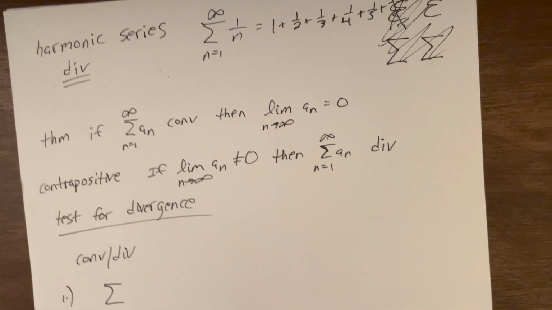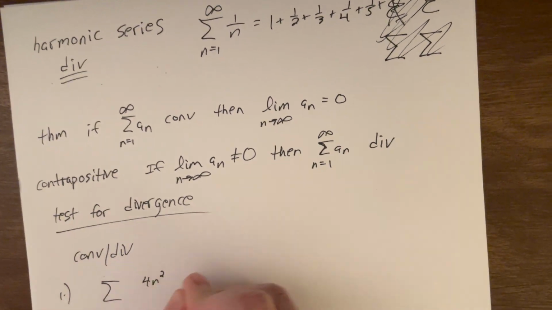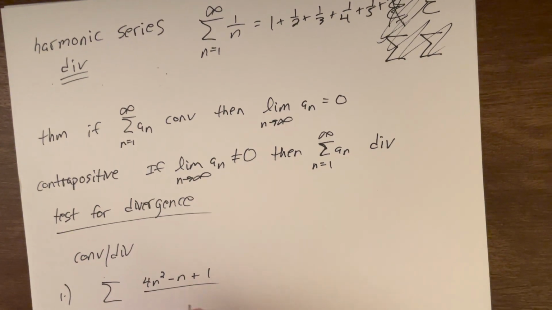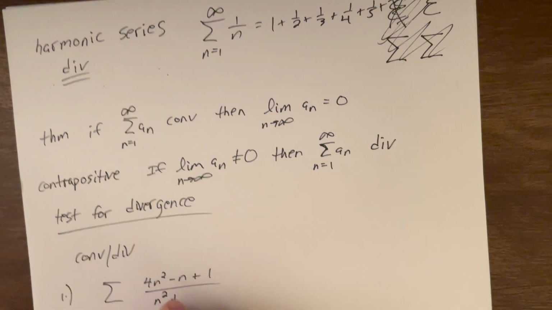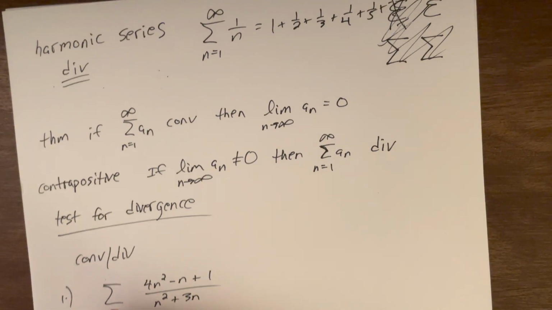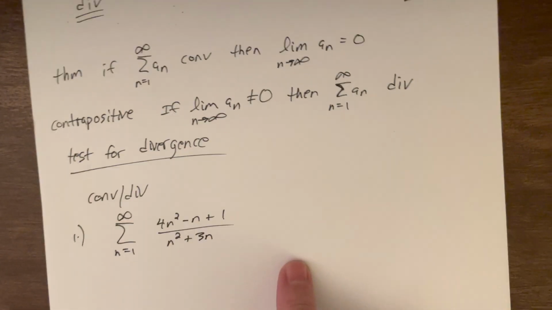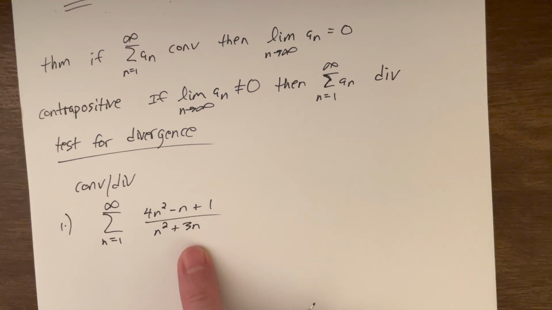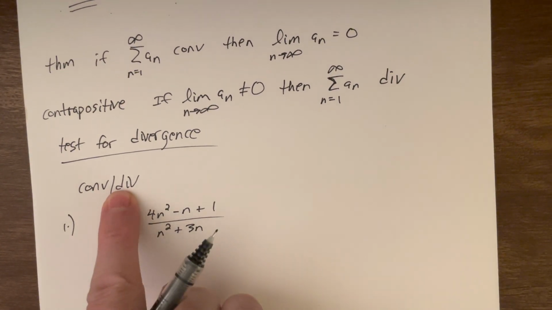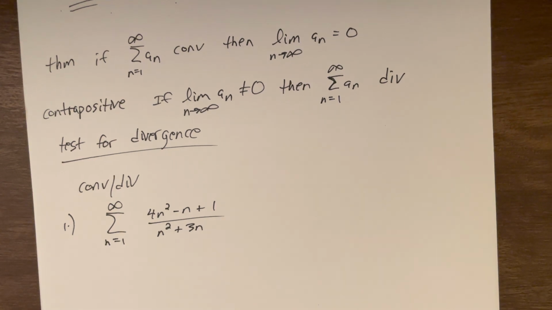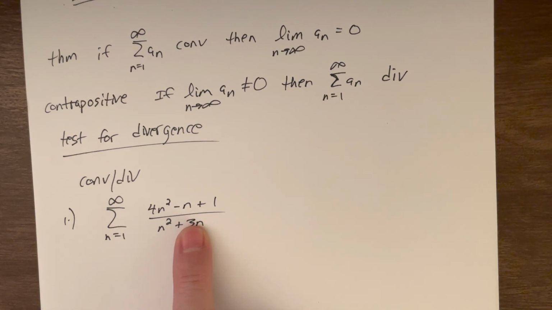Let's look at the series 4n squared minus n plus 1 over n squared plus 3n. Well, how would you know what to do? Well, in reality, everybody, we basically have 3 tools at our disposal so far. Is this geometric? No, it is not.